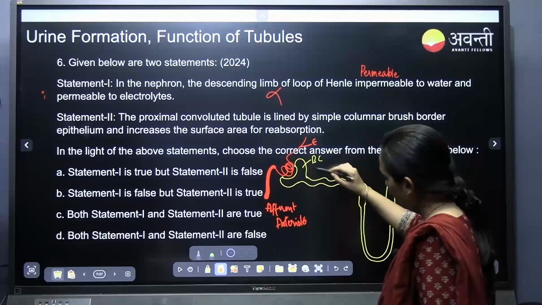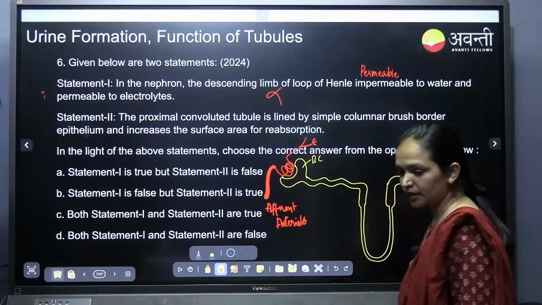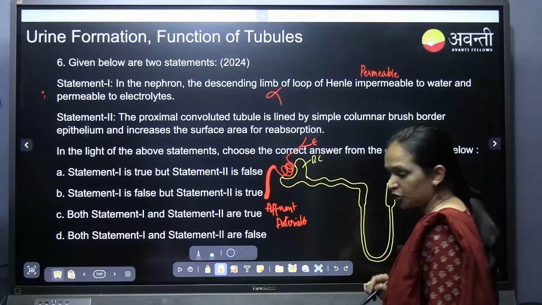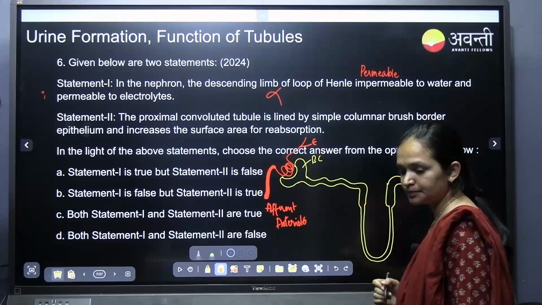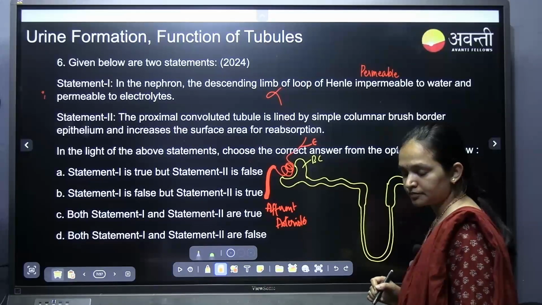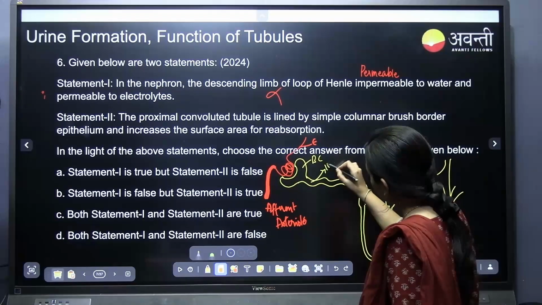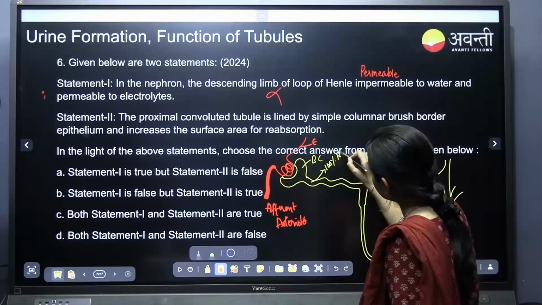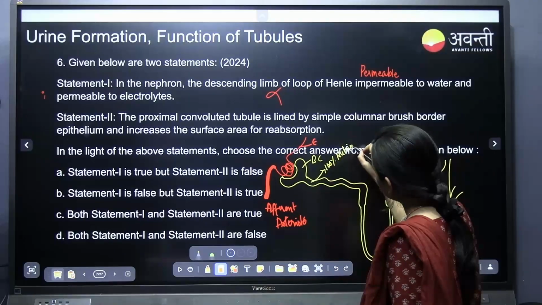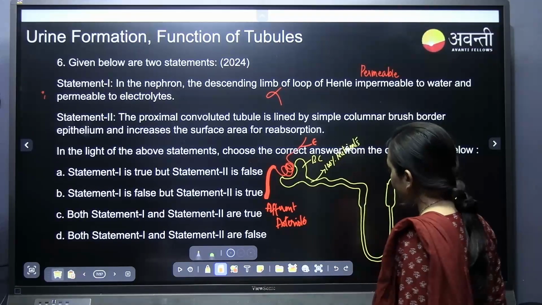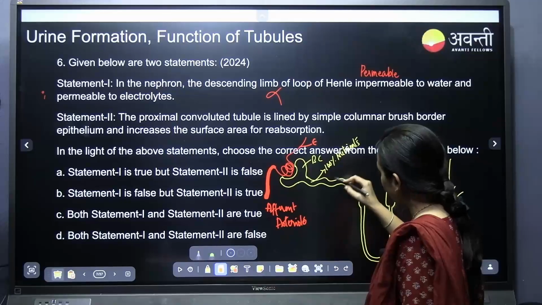Now tell me, what all things will be reabsorbed in PCT? This is PCT. 100% nutrients will be reabsorbed back into blood.